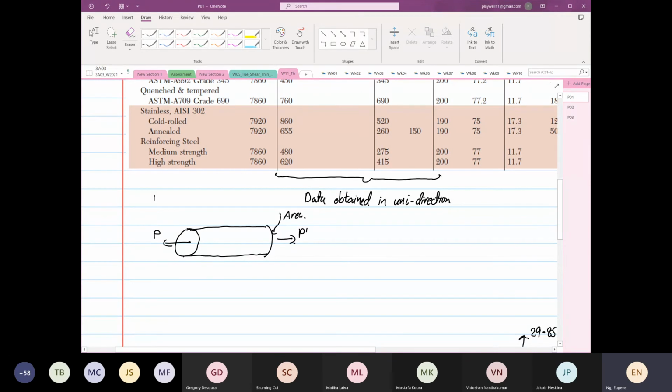If we have X, Y, and rotation in Z, what we will see is that the stress in the X direction is equal to P divided by area. Real straightforward, you all know. So this is what we mean by unidirectional, one direction only.